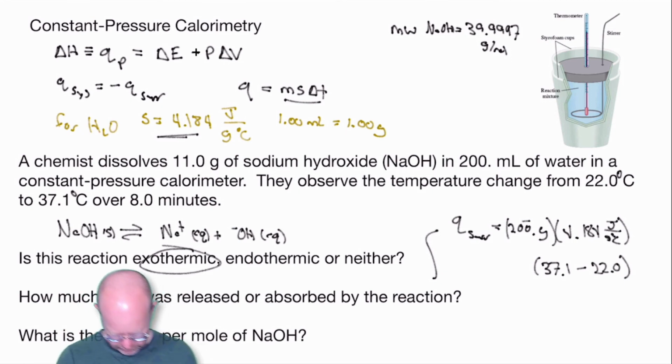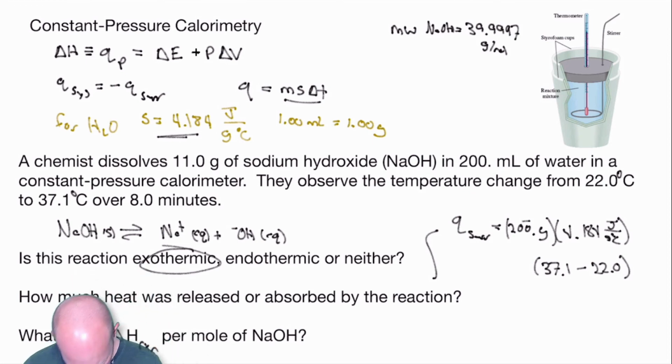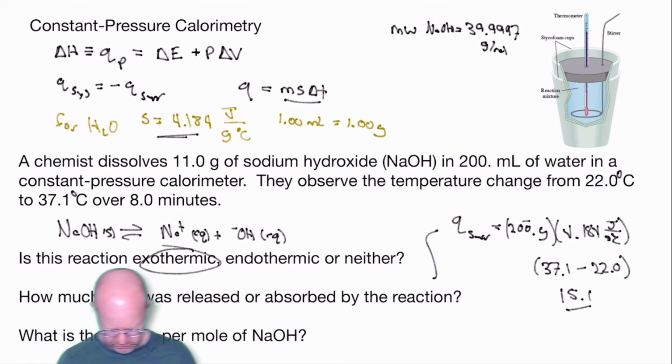So let's go ahead and just do that math. 37.1 minus 22.0 is, it's important to write that difference down so you know how many sig figs you have going forward. That's 15.1. It looks like I still have 3 significant figures in that number. I'm going to multiply that by 4.184 times 200.